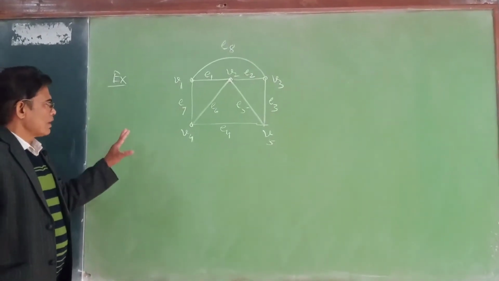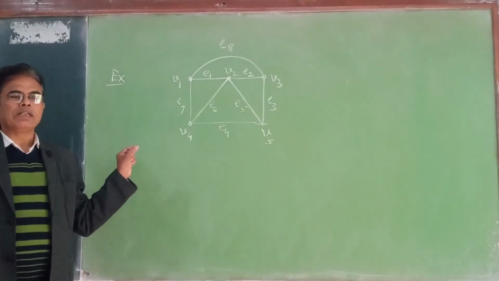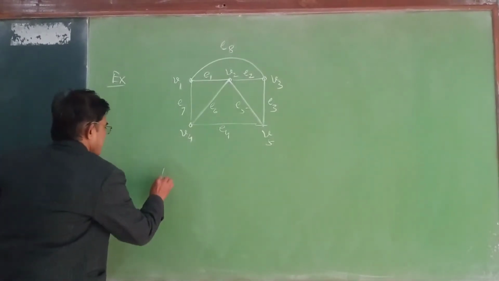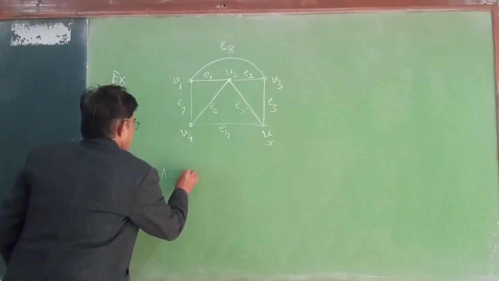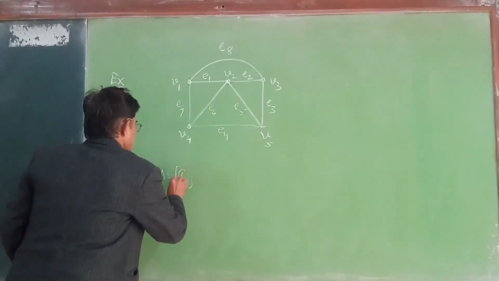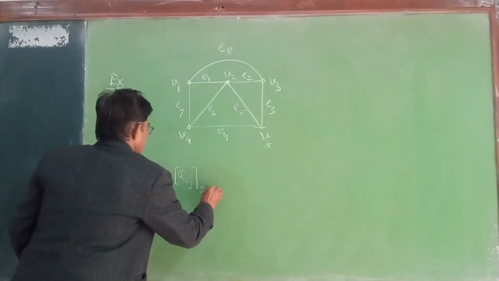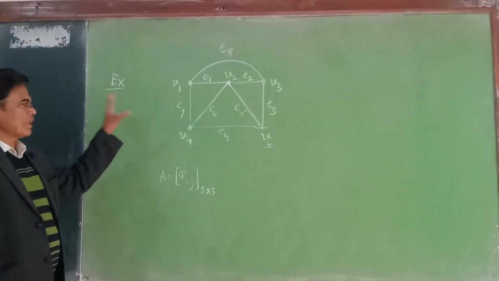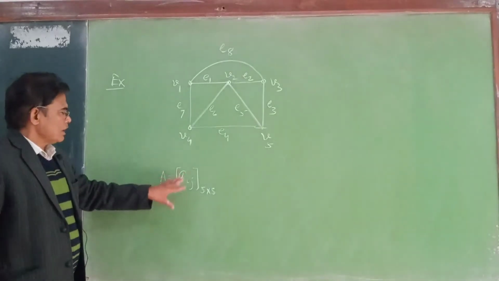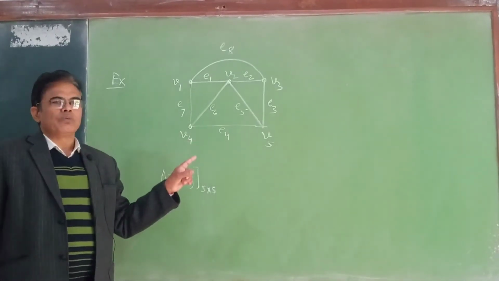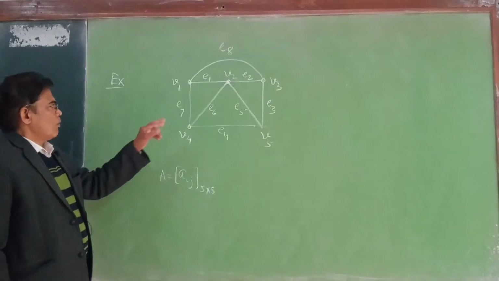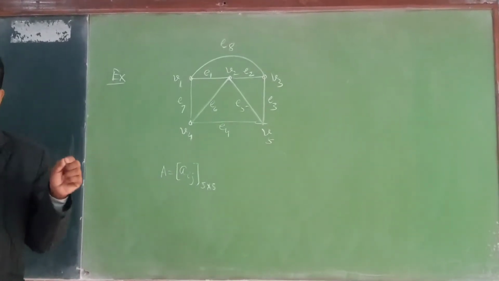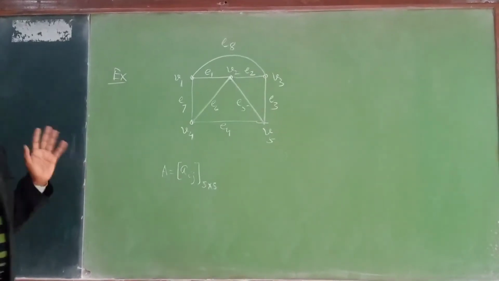So the adjacency matrix is of order 5, meaning a 5 cross 5 matrix. So matrix A equals Aij, 5 cross 5. As we know by the definition of this matrix, it has only 1 and 0. When there is an edge between 2 vertices, we write 1, otherwise 0.